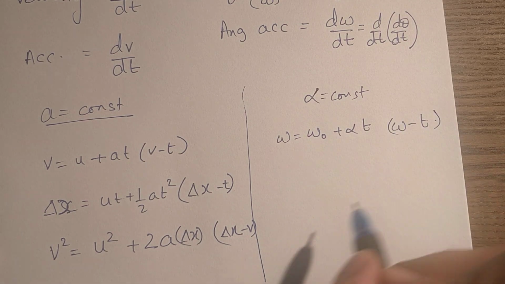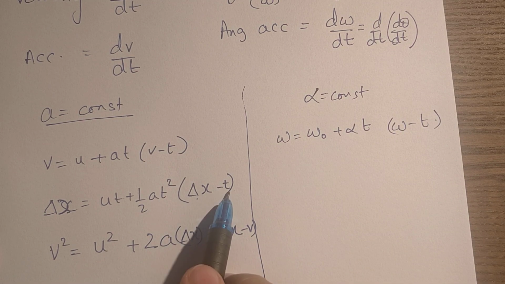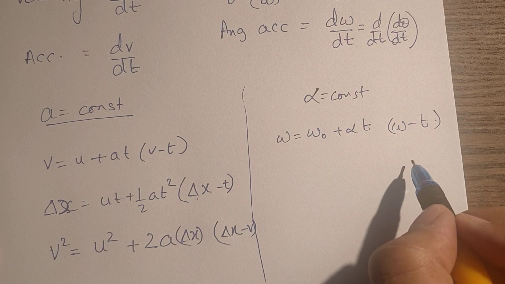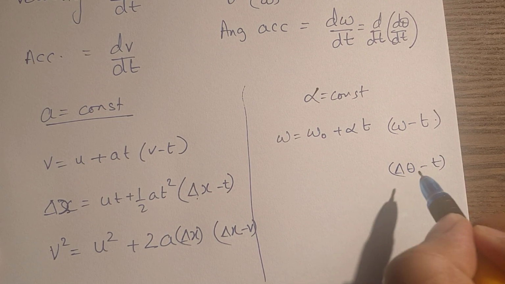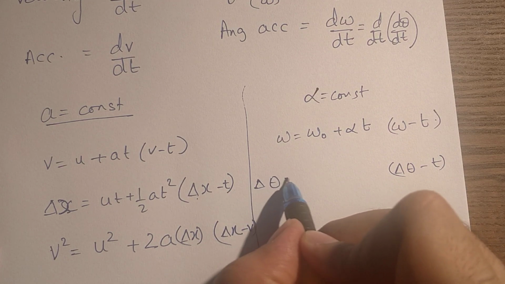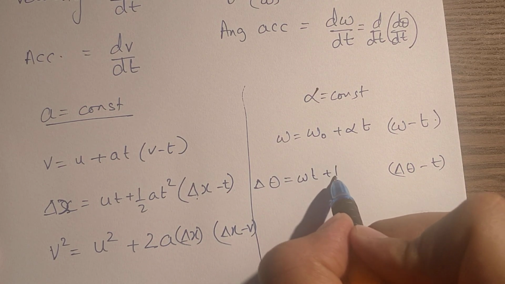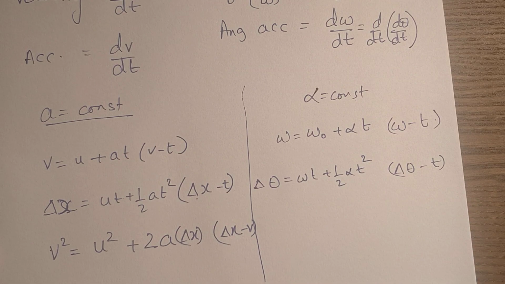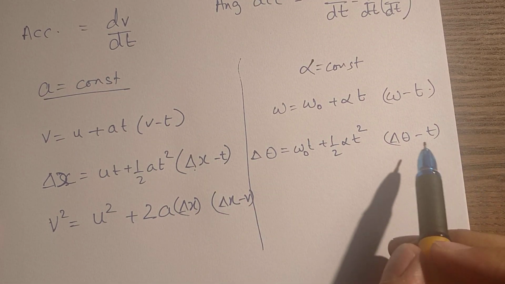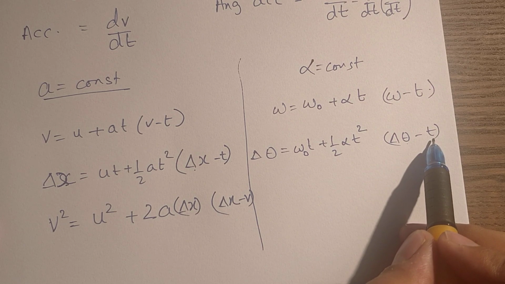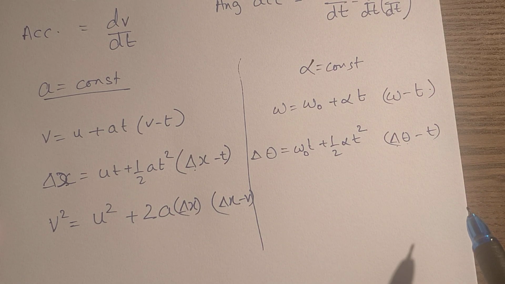Similarly the second is displacement versus time, so here it will be angular displacement versus time, which I can write as delta theta is equal to omega naught t plus half alpha t square, where omega naught is the initial angular velocity. So this is the delta theta t relation, that is the angular displacement time relation.